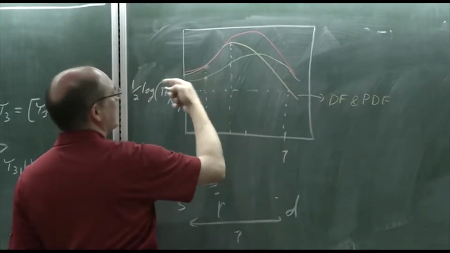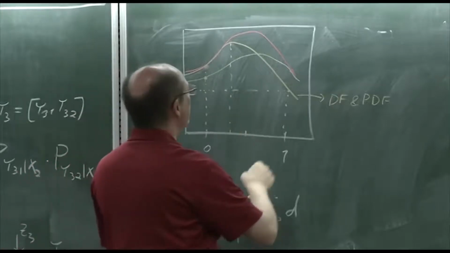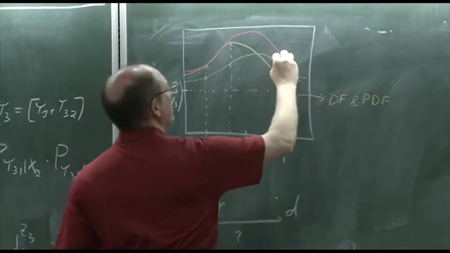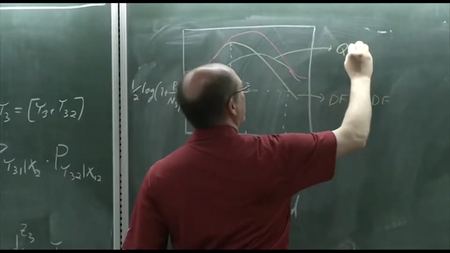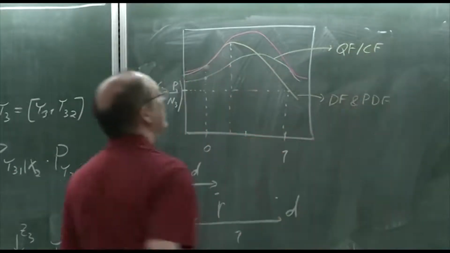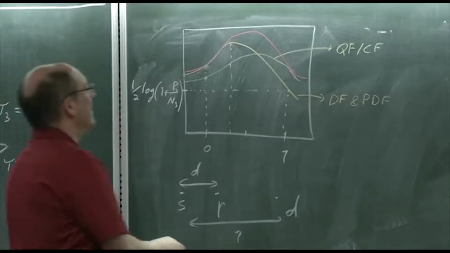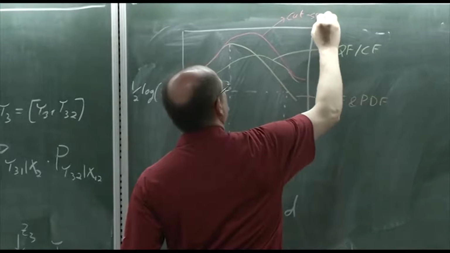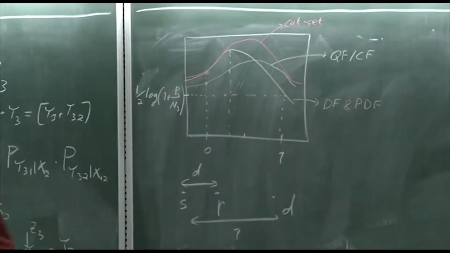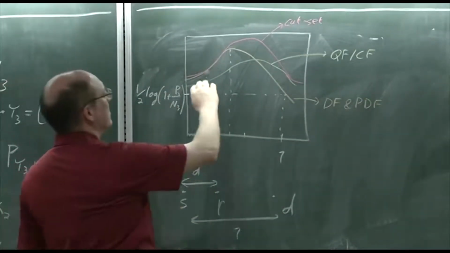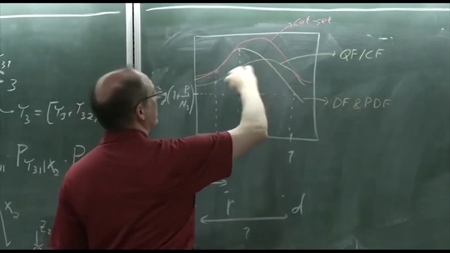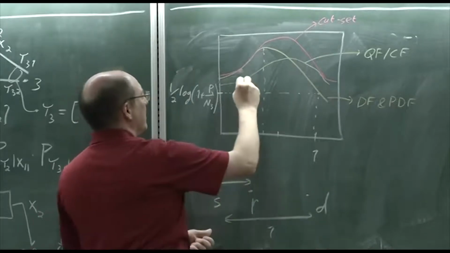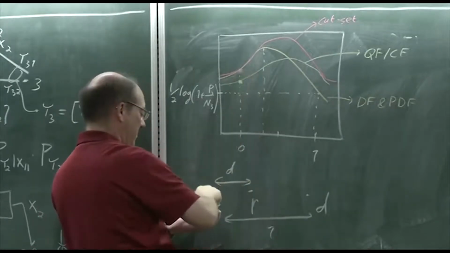It also does reasonably well on the other side. So the nice thing about the compress forward, or quantize forward method, is that, compared to the cut set upper bound, its rates tend to be more uniform over the region. I have to talk about this point here in a moment.